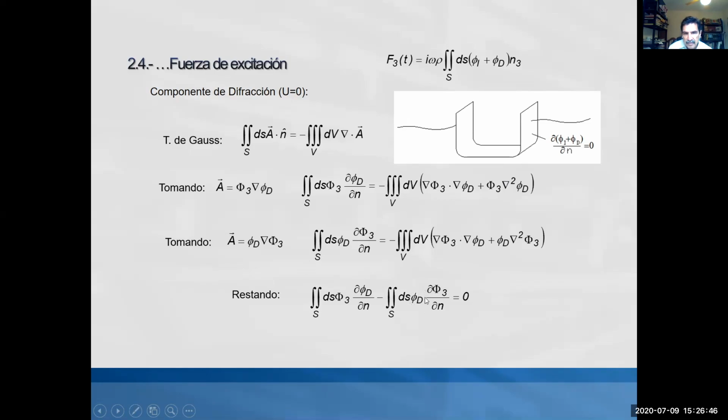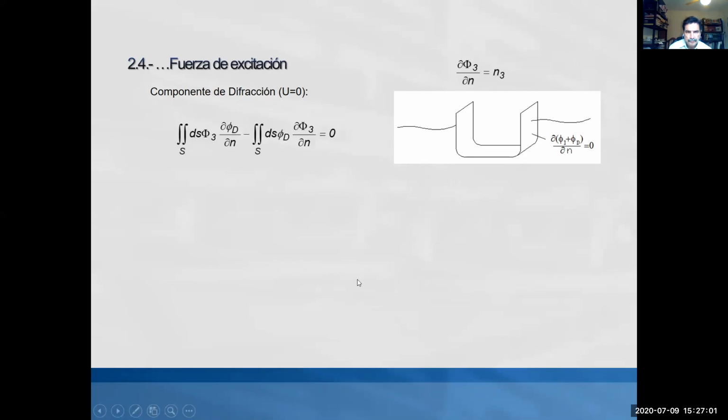Here, this is the velocity potential to solve the diffraction problem. That's our interest. Phi3, this is a problem that we already have solved. So this is the previous expression. I just repeat it here.